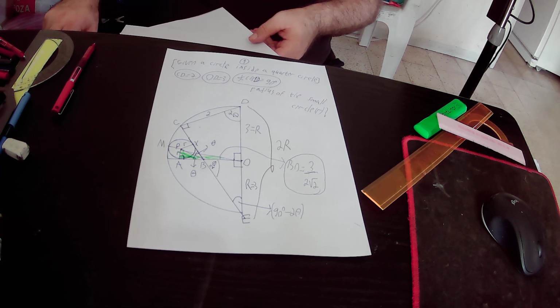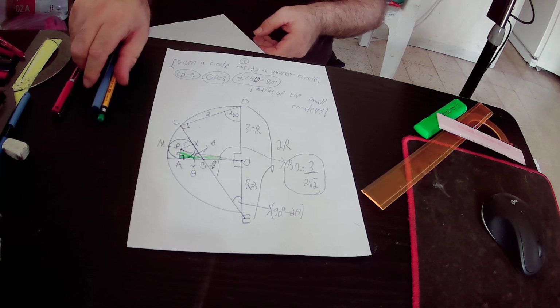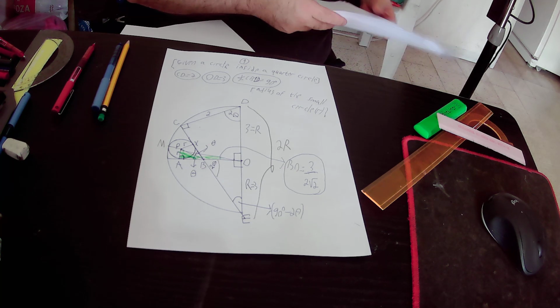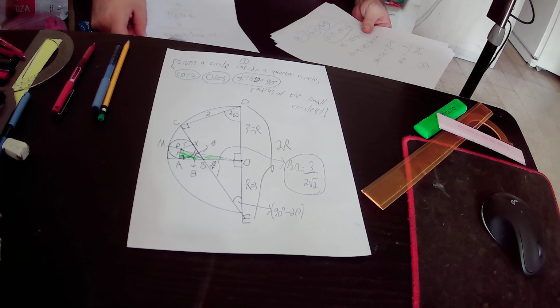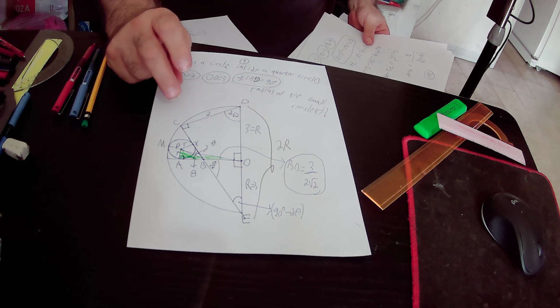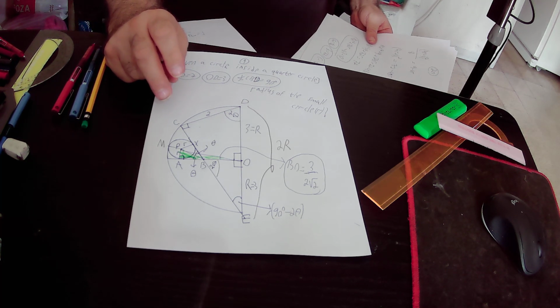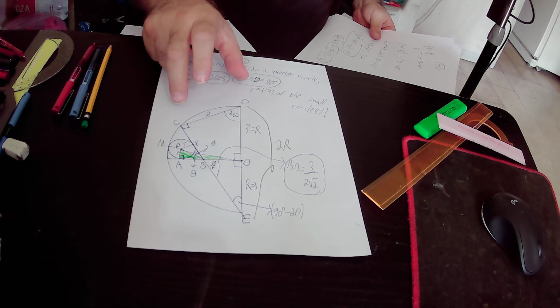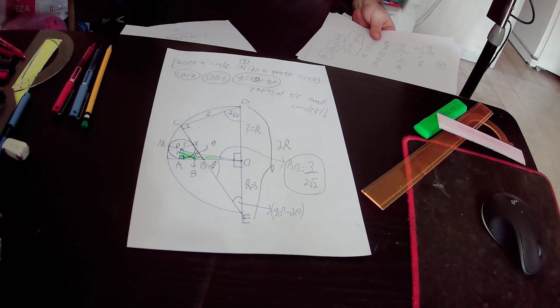Actually, we wanted to find out the radius of the small circle. We know that the small circle is inside a quarter circle, and we know that angle BCD equals 90 degrees, CD equals 2 units, and DO equals 3 units.